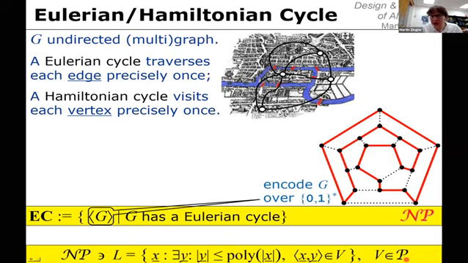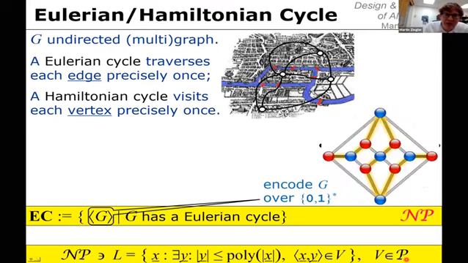And again, it's easy to verify that this is a witness simply by following the sequence of edges and verifying that every edge is indeed present in the original graph, and checking off the vertices visited as part of this tour to make sure that precisely every vertex is visited precisely once. So to summarize, also the Hamiltonian cycle problem.